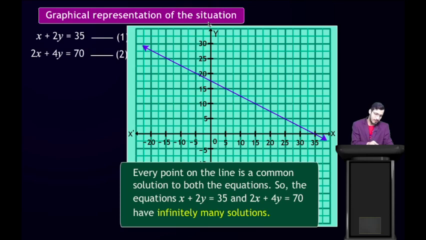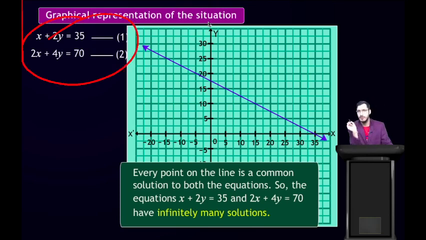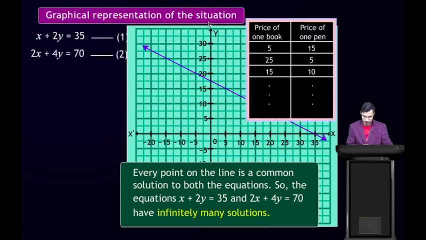When we draw the lines on the graph paper, you can see both the lines are overlapping, that means coincident. So in this case we can say infinitely many solutions.